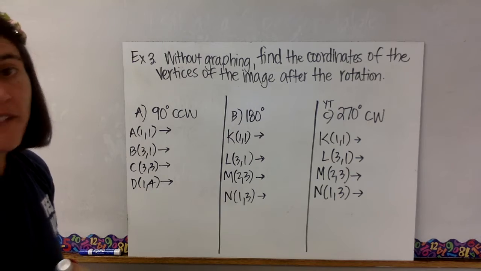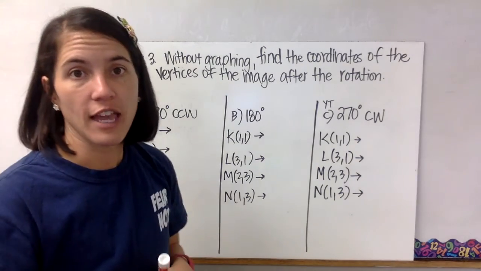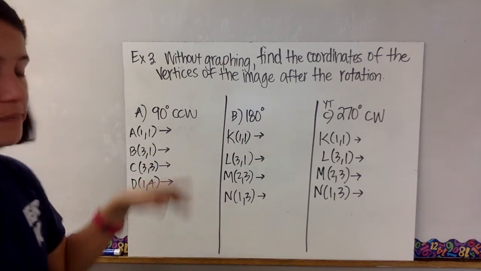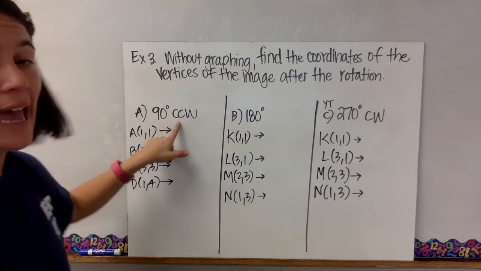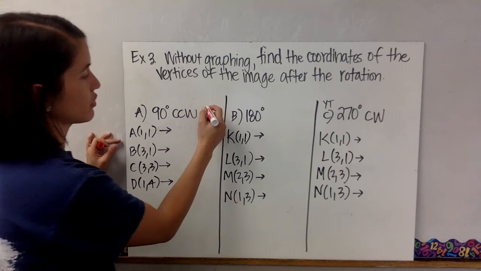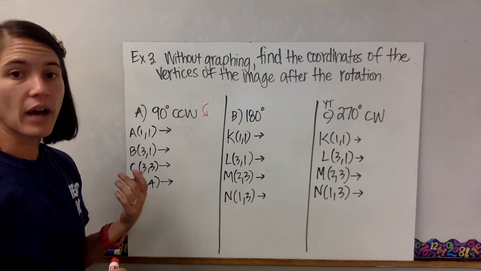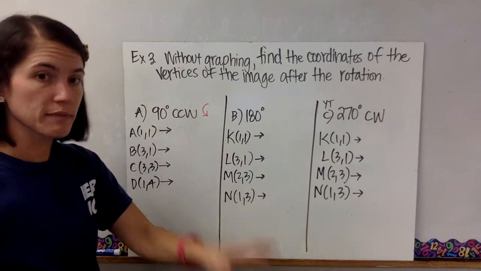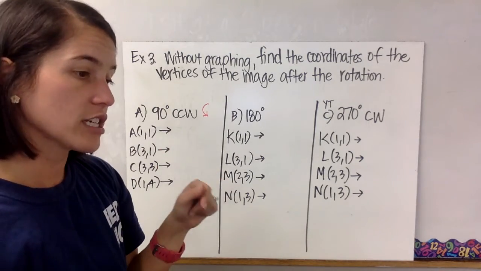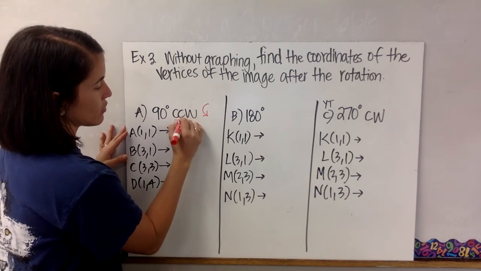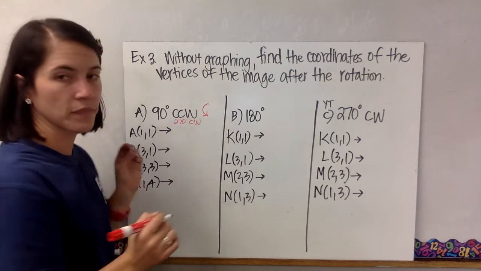Without graphing, find the coordinates of the vertices of the image after the rotation. So I've given you 3, and this last one's a you-try. So 90 degrees counterclockwise. If you were doing counterclockwise graphing, you would turn your paper that way. But I'm going to use my chart that I just made, and I'm looking up 90 degrees counterclockwise. 90 degrees counterclockwise is also 270 clockwise.